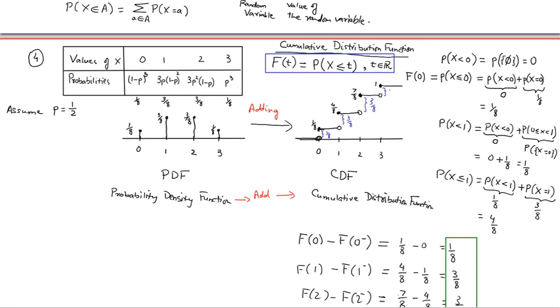This was again 1 over 8. So the cumulative distribution function hides within it the probability density function as well. So you could go from the probability density function to the cumulative one, and you could return back from the cumulative to the probability density function.